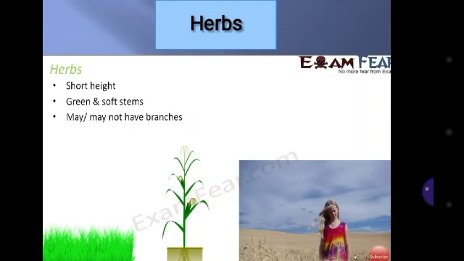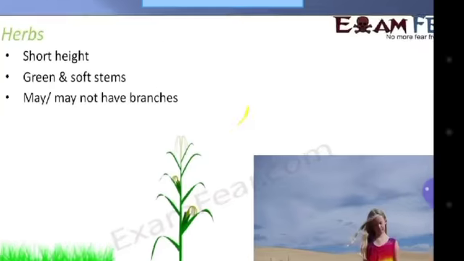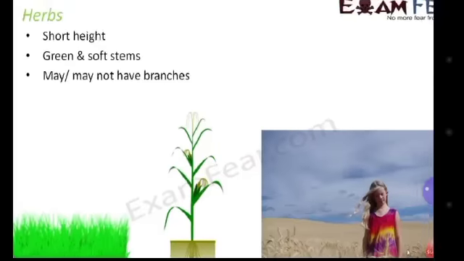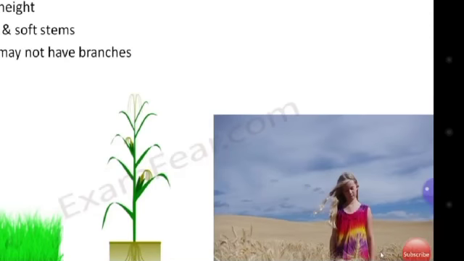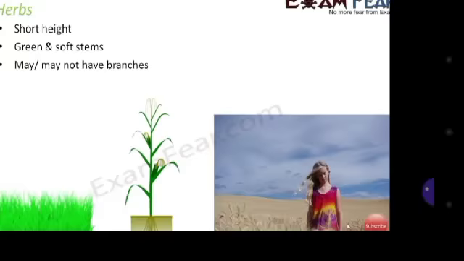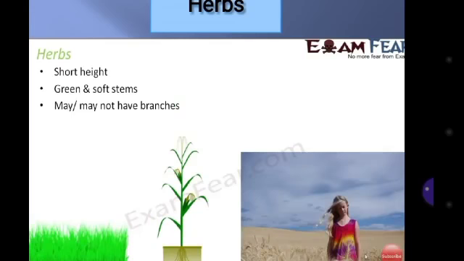Generally, they do not have branches. Look at the wheat crop in the field. How do they look? Maize and wheat are examples of herbs. They have short height. They have green and soft stem. They may not have branches.